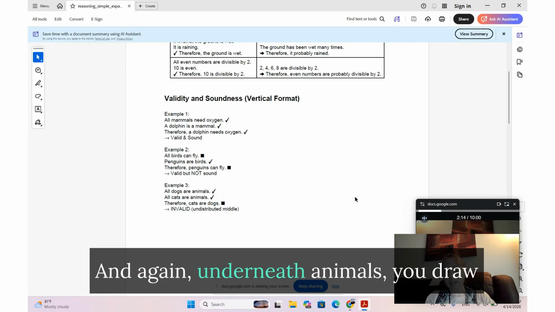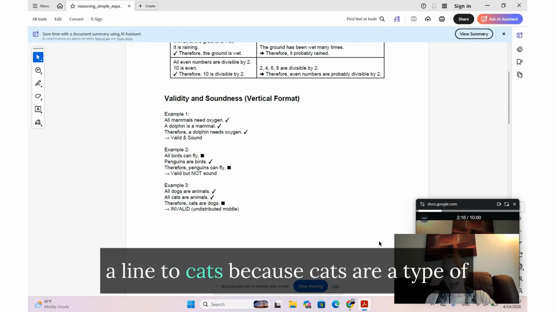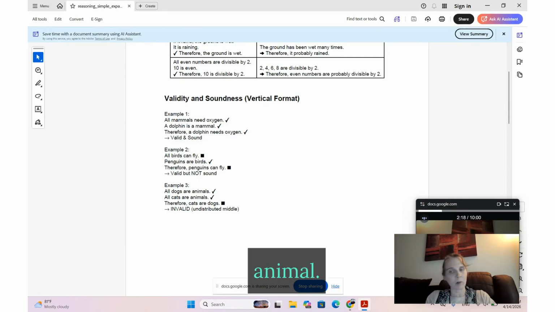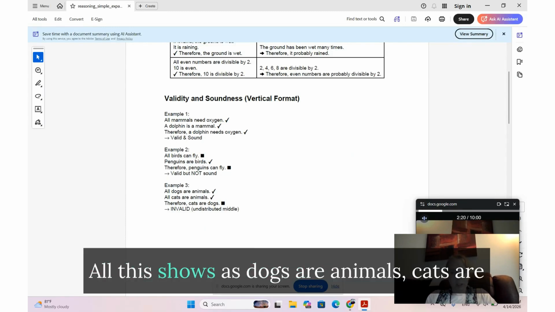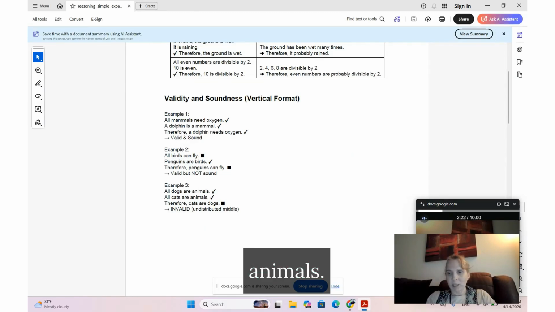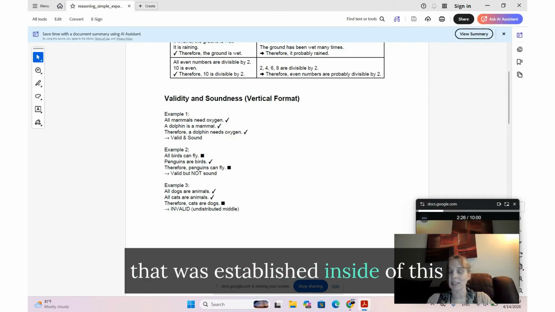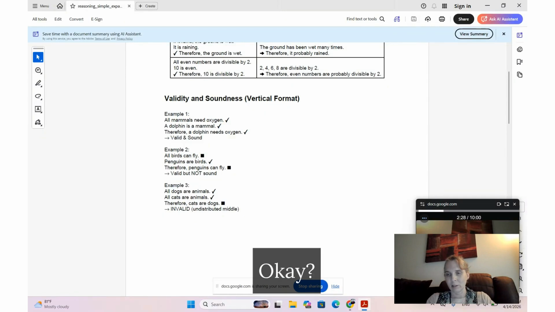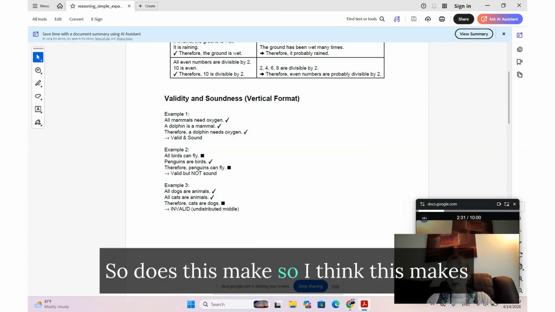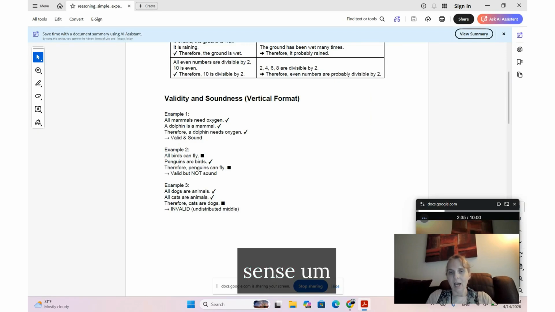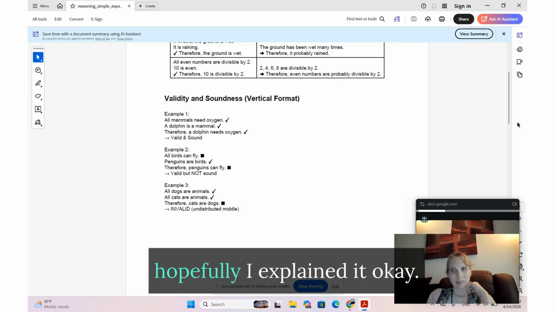And again, underneath animals, you draw a line to cats because cats are a type of animal. Okay? All this shows is dogs are animals, cats are animals. They have no relationship to each other that was established inside of this argument. Okay? So I think this makes sense. Hopefully I explained it okay.